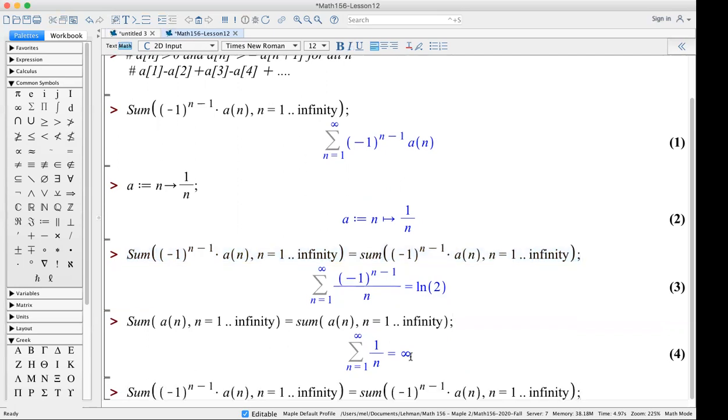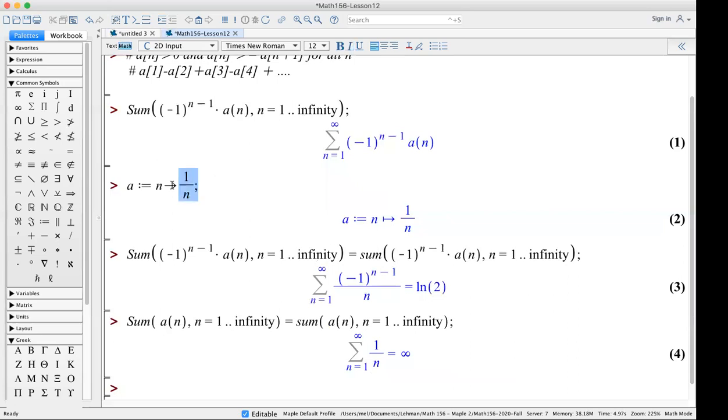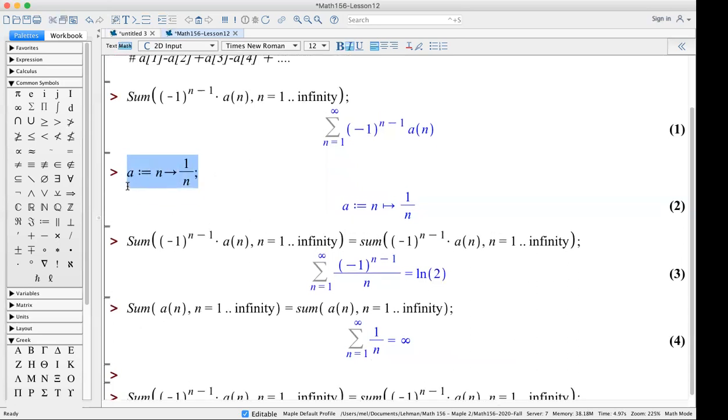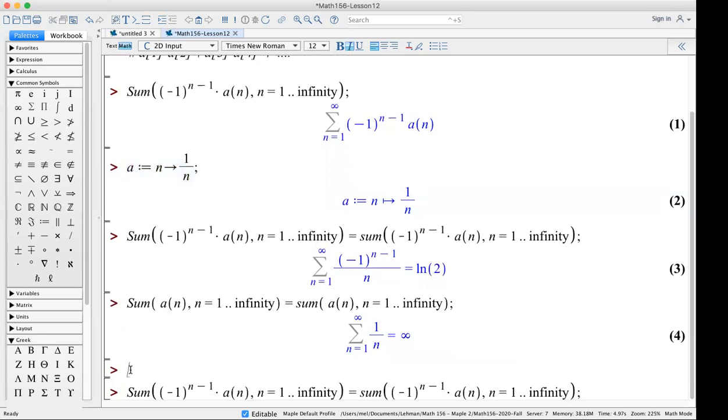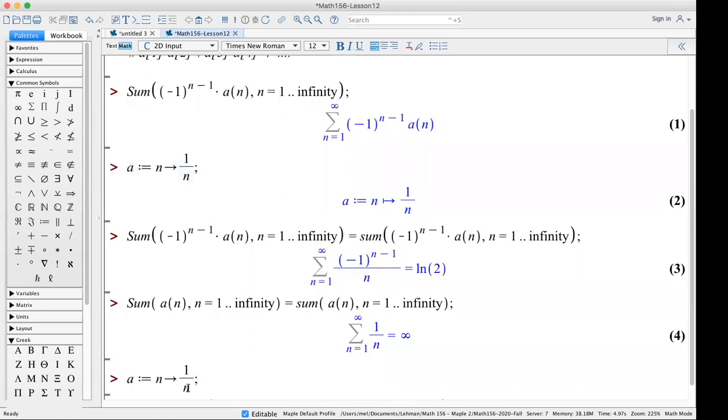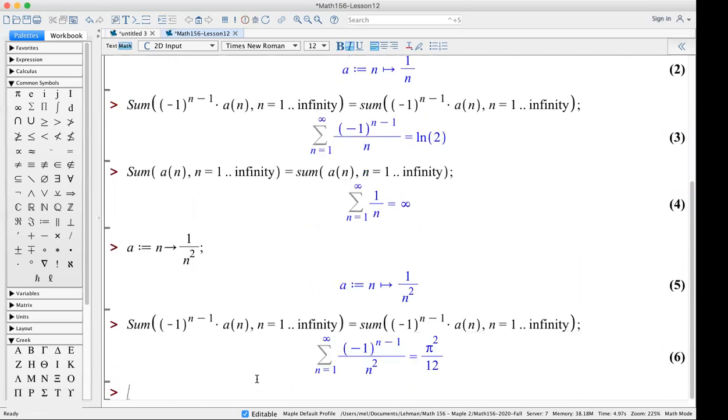Suppose I let a_n be 1 over n squared. What does the alternating series converge to? Pi squared over 12.